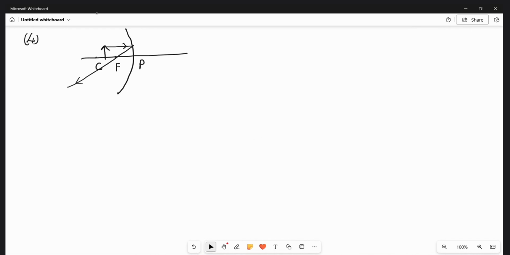Now another ray we consider in the direction of C. The direction is such that it is passing through C. In that direction it is there. Then it retraces its path.